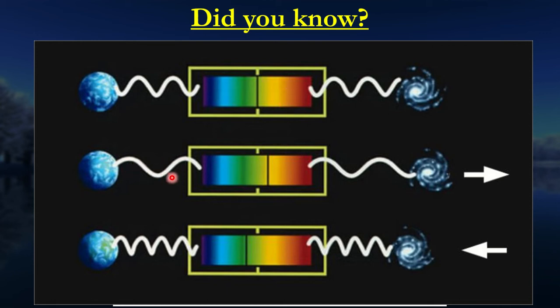If the universe was moving away from us, we'd find that the absorption or emission spectra are all shifted toward the right hand side, the red spectra, hence why we call this the redshift.